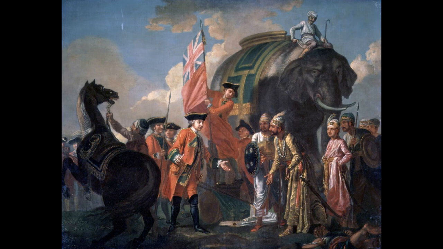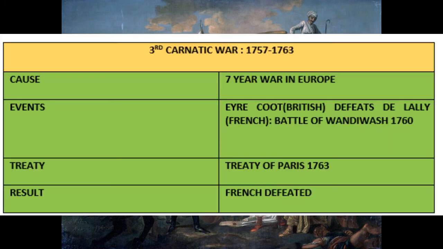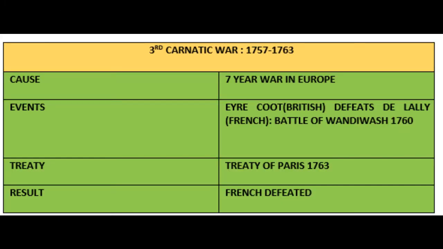This was the siege of Arcot, and French forces were defeated and Chanda Sahib later killed. The French settled for peace and Dupleix was recalled from India as per the British demands. This war ended with the Treaty of Pondicherry in 1754.